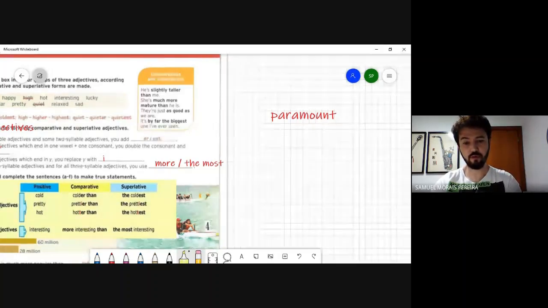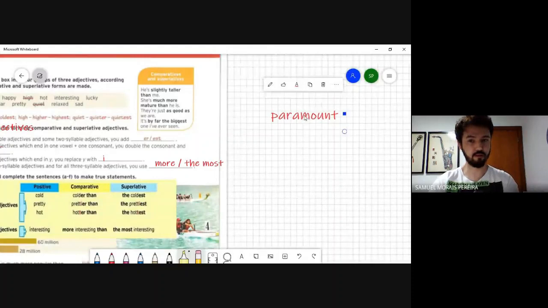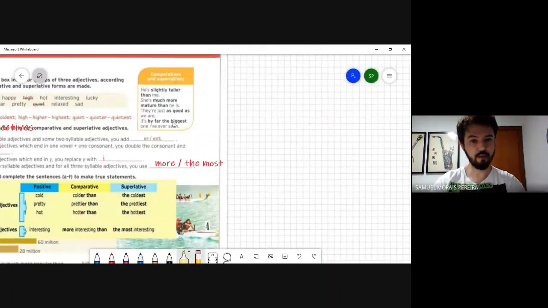Samuel, why is that information so important? Okay, because here you have the words slightly and much. Can you see? And the expression by far. Eu vou terminar a aula aqui, tá? I'm going to explain this and then we stop.